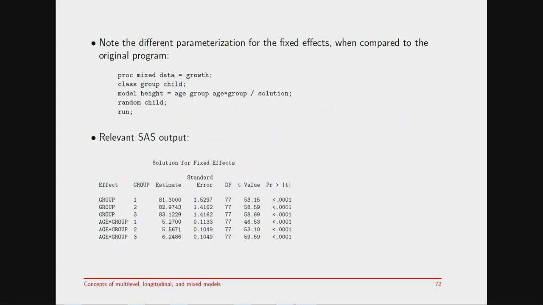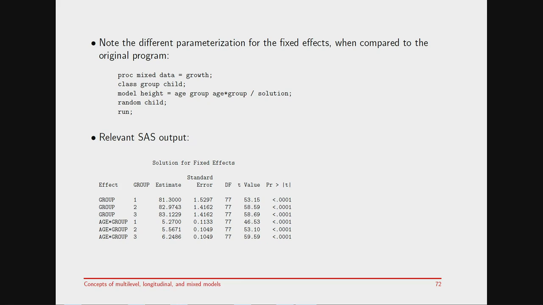Okay, so the output that we now have is the following, and look at the estimates. That's a table that is indeed much more readable to me. So I had 3 parameters for the group effect. These are the 3 intercepts. And then you have 3 parameters for the slopes, for the age by group effect, and these are the 3 slopes.